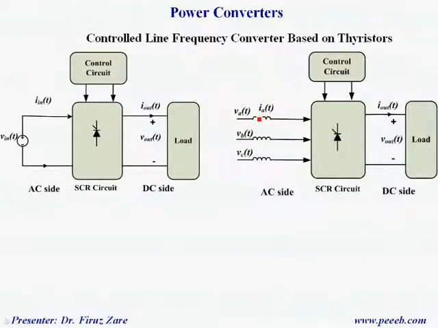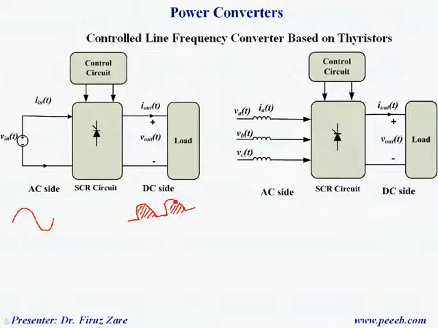This is a controlled line frequency converter based on thyristors or SCR. That means again we can change the AC voltage into DC voltage, but the point is that we can change the firing angle. That means we can decide when to switch the thyristor, and that's why we can control the output voltage compared to a diode rectifier.